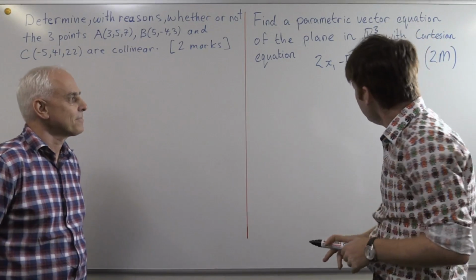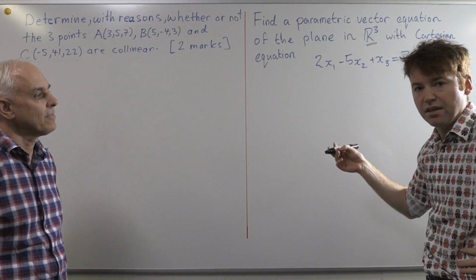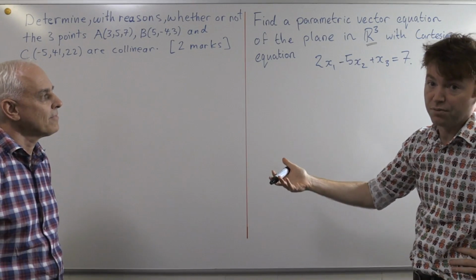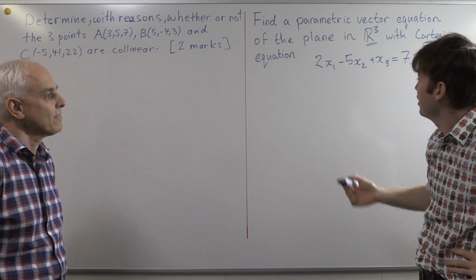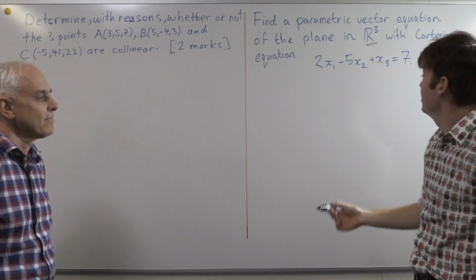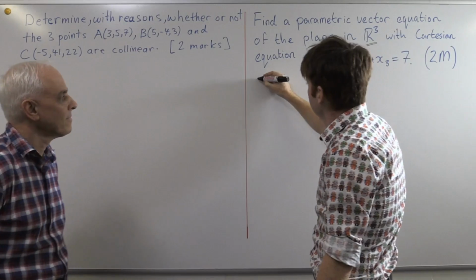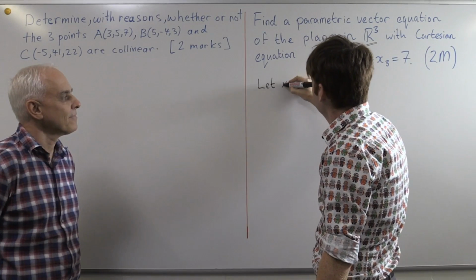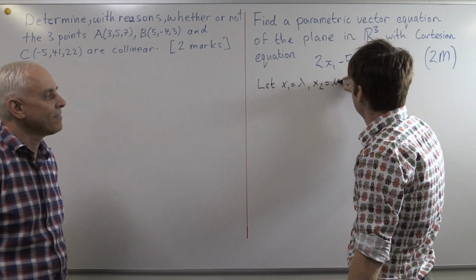Good. Well, in this question here, you have some variables, and the way you get this into parametric vector form is to set two of these variables to be your parameters. In this case, I'm going to choose x1 and x2 to be my lambda and mu, and then I'm going to find x3 in terms of those other things. So let x1 be equal to lambda, x2 be equal to mu.